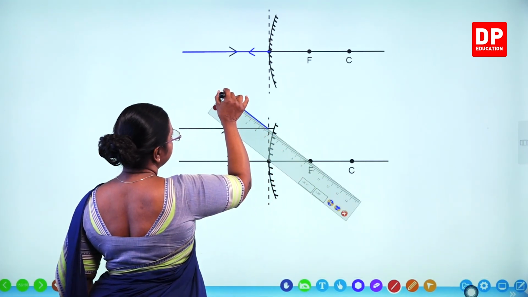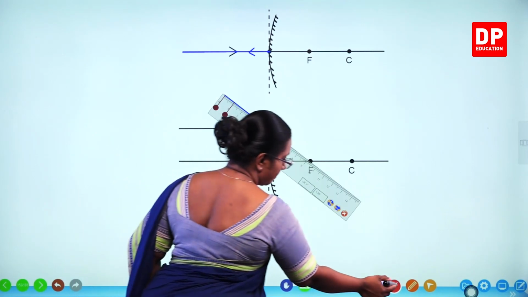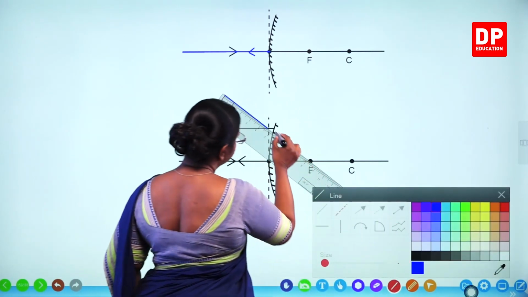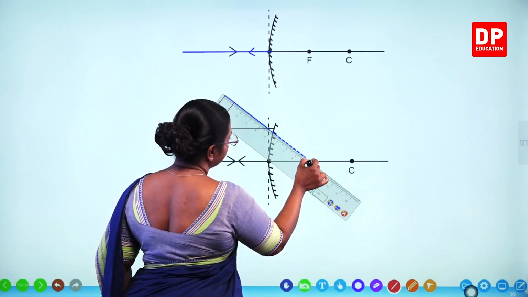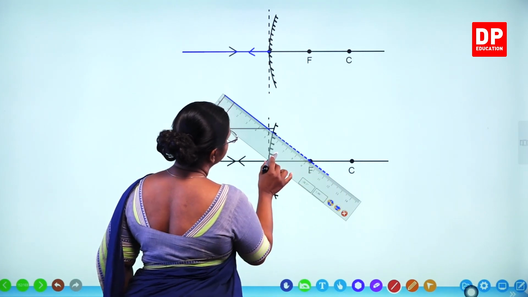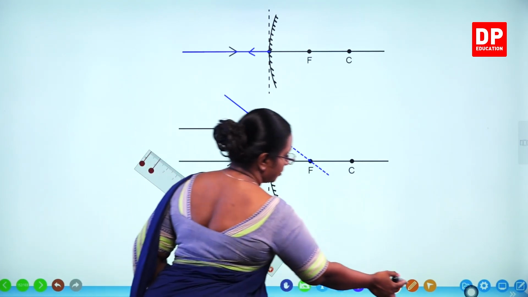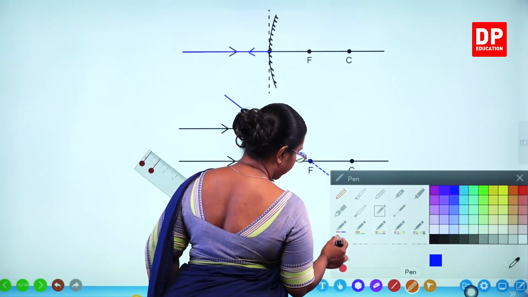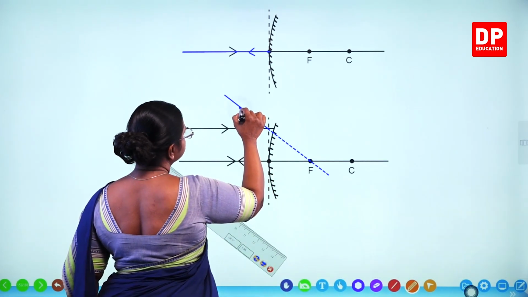From this point it will reflect away, but when you extrapolate the ray, it will look as if it's going through that. So that is the ray that I have to use.